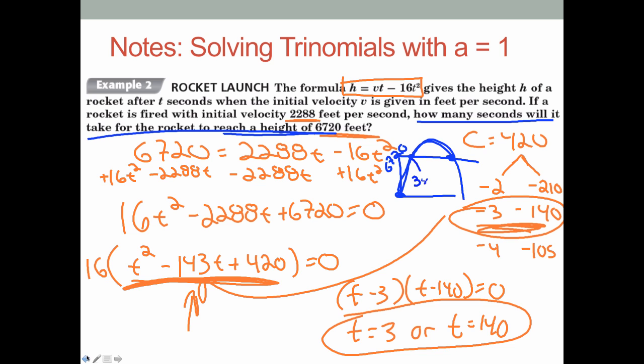It took 3 seconds to reach it the first time, and then 140 seconds to be coming back down and hit that height again. So you're always going to have that height twice. Now, the answer to this would be 3 seconds, because that's how long it takes to reach that height. But if they say, how many seconds will it be at a height of 6,720 feet, then you're talking 2 answers.